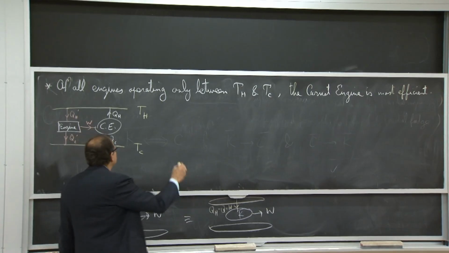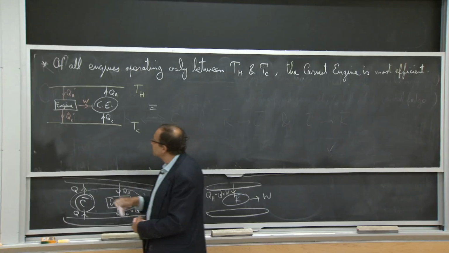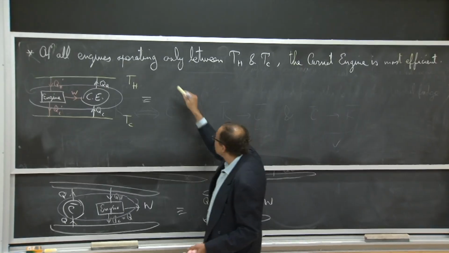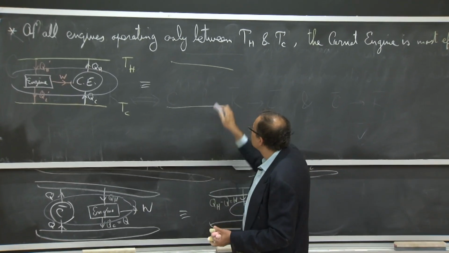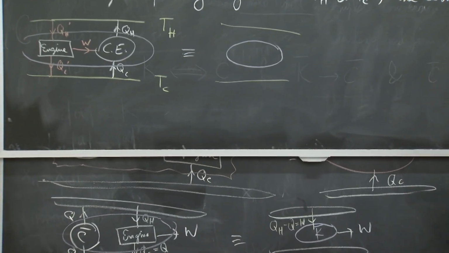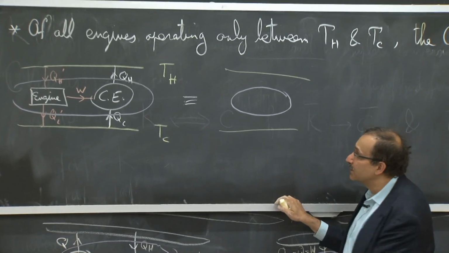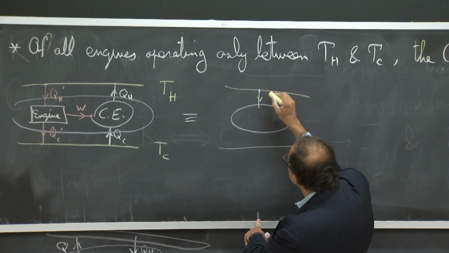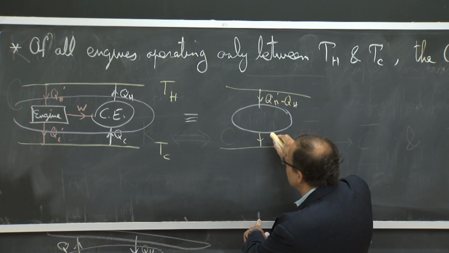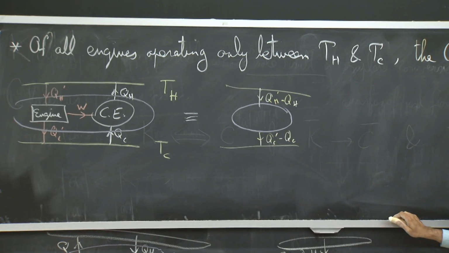Okay? So if somebody looks at the combination of these two, what do they see? The thing that they see for the combination is that there is some entity that is operating between TH and TC, and there is some internal amount of work that is going on, and you don't care about that. But there is a certain amount of heat QH prime minus QH that becomes QC prime minus QC. Okay?